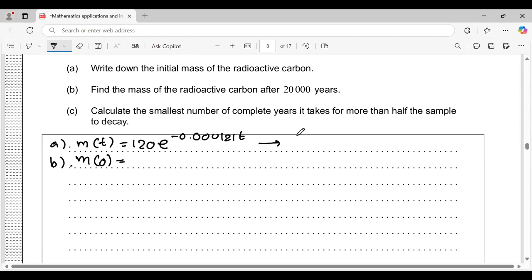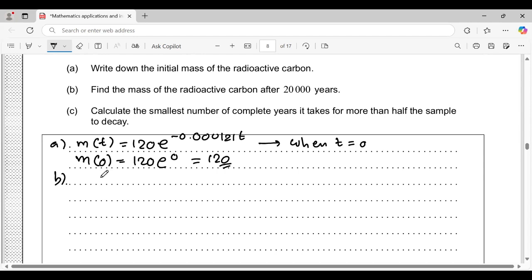The initial mass is when t equals 0. So M(0) equals 120 e to the power 0, because minus 0.0000121 times 0 is 0, so it is 120.